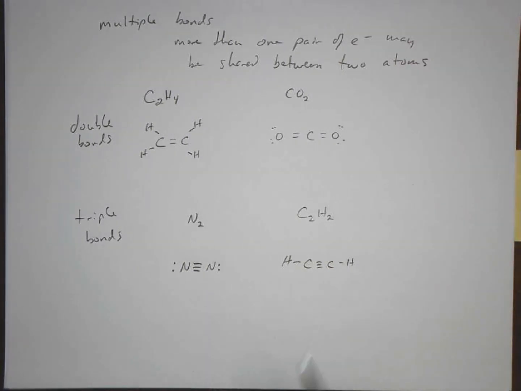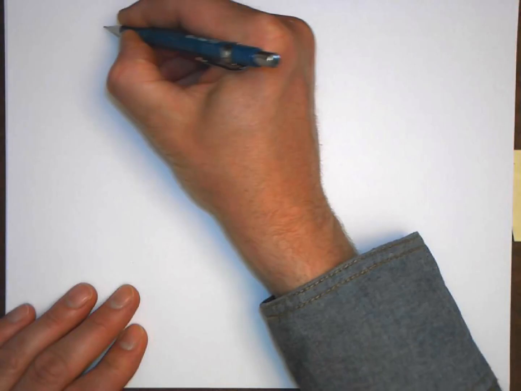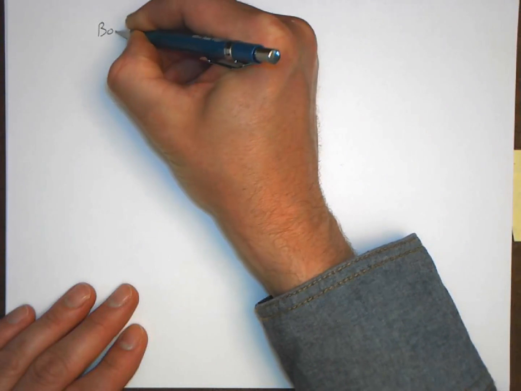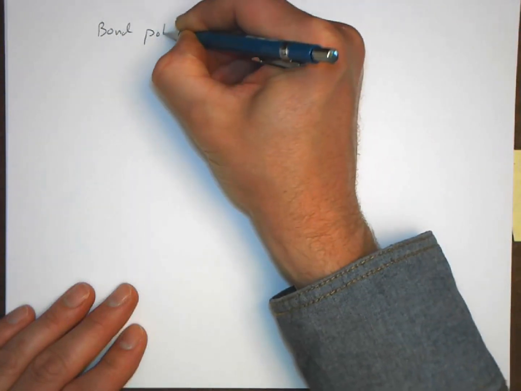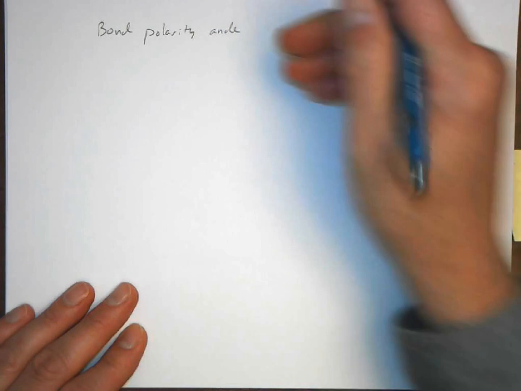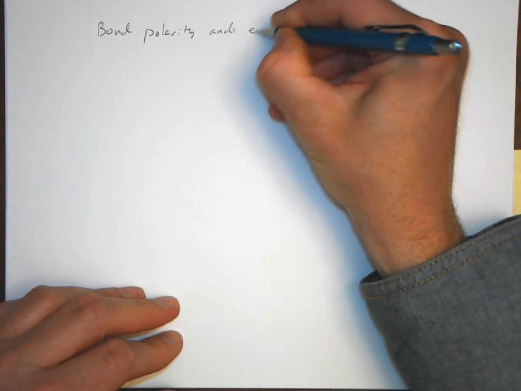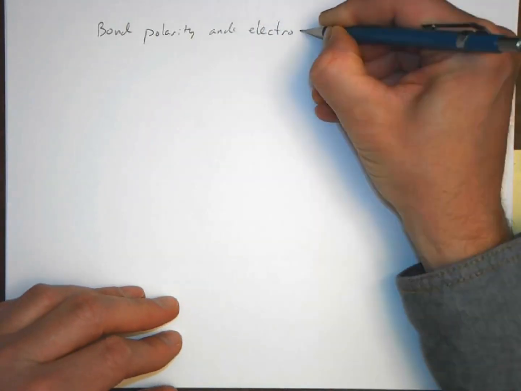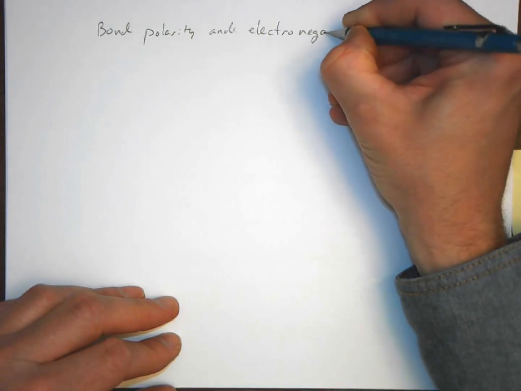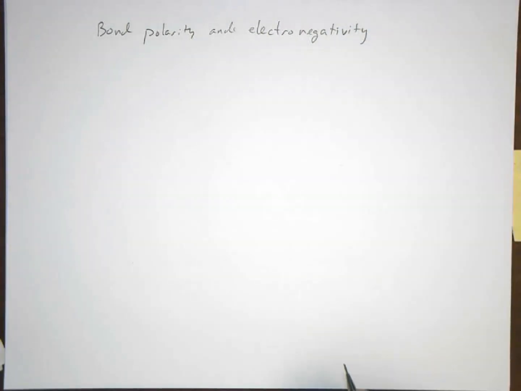Okay. One last topic with respect to covalent bonding is this idea of bond polarity and something called electronegativity. Okay.